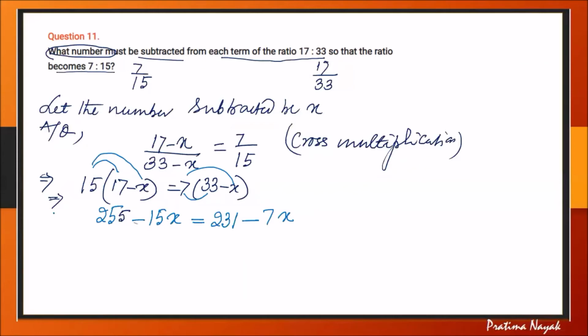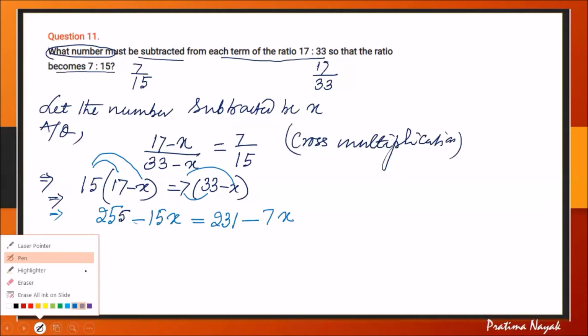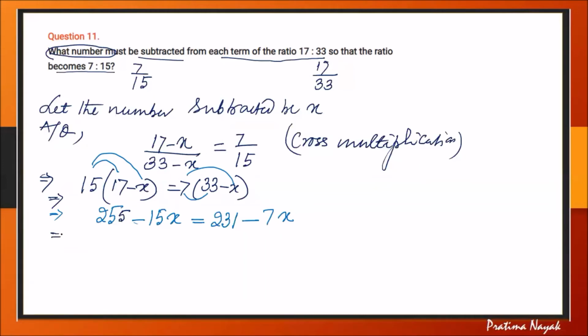So take care of the symbol also, whether negative or positive. Then you go for the second line. Then I'll take all the x to the left side, so minus 15x plus 7x, and here I'll write 231 minus 255.